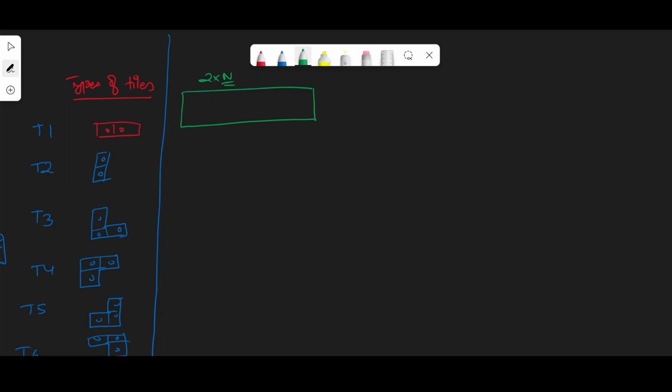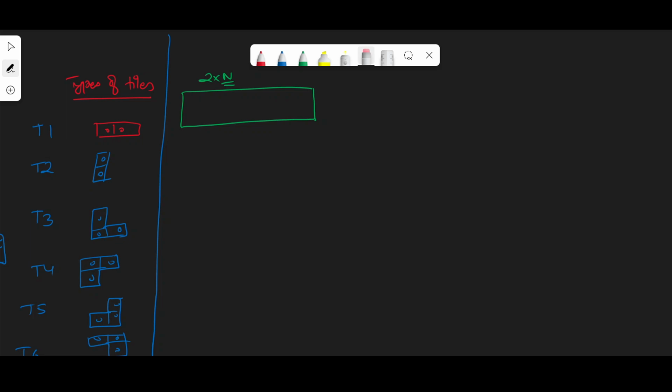It fits perfectly. There is nothing protruding out. It is complete, right? So what can be the last tile? Out of T1 to T6, what are the different last tiles I can have?